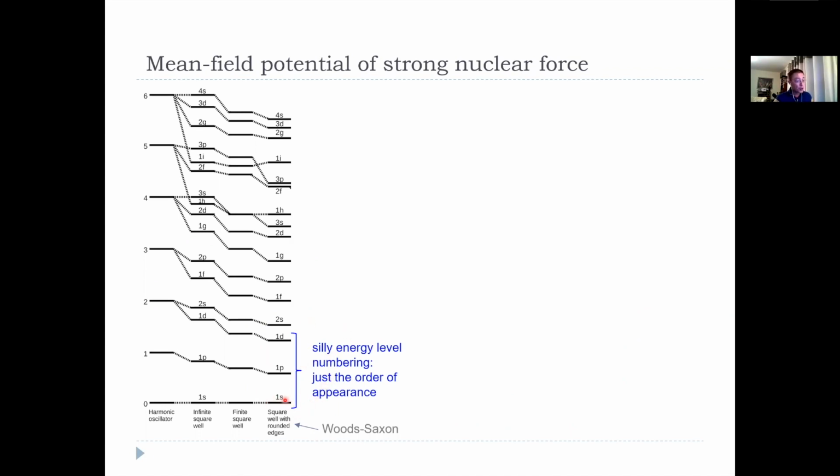So the first s orbital is called 1s, the first d orbital is called 1d. It might actually come from the second principal quantum number, but it is still called 1d because that's the first time this d orbital occurs, and so on, 2s and so on. So they are not numbered the way that chemists would expect, but in the order of appearance.